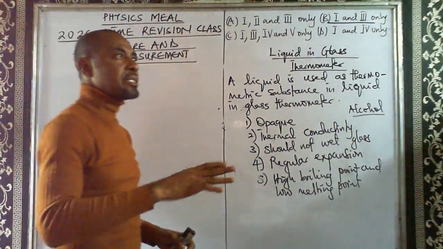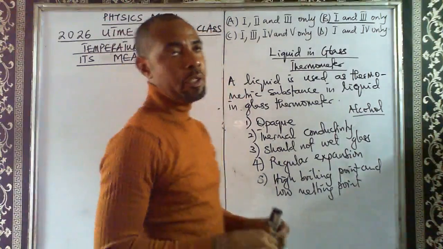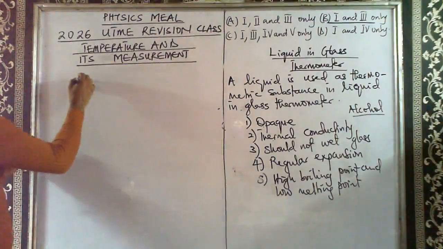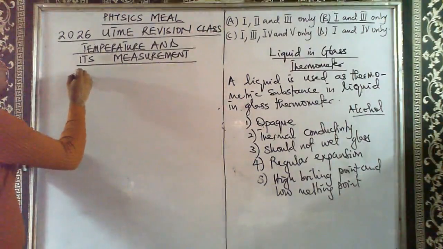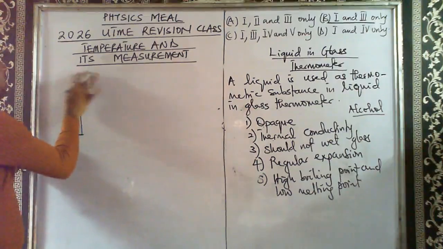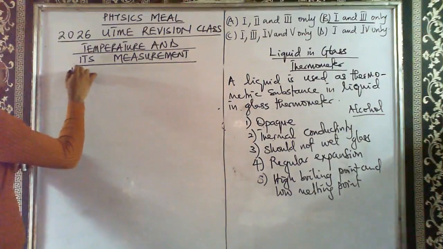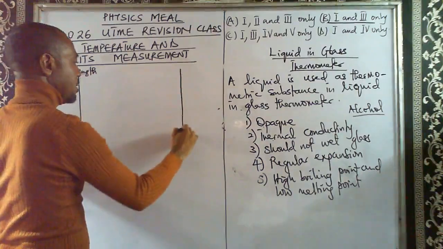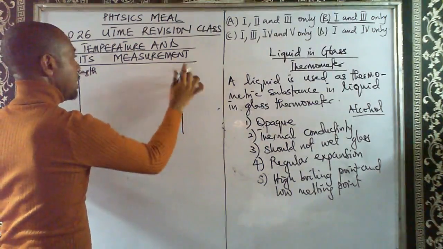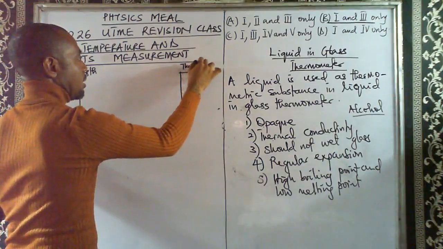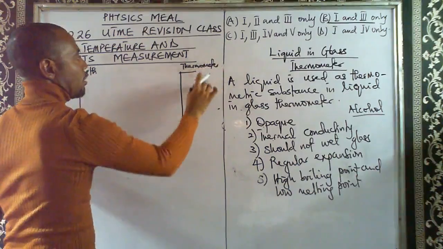Now you remember that in the first video we looked at the fixed points, the upper fixed point and the lower fixed point. Now let's assume that I have this as my length, and here is my thermometer, or temperature.